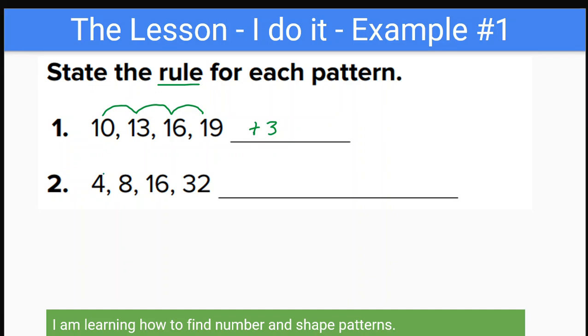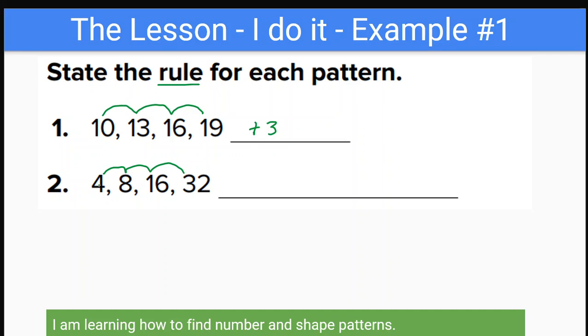How about this one? You start at 4 and you go to 8, then to 16, then to 32. Well, I thought it was going to be plus 4, right? 4 plus 4 is 8. But is 8 plus 4 16? Is 16 plus 4 32? No, so that doesn't work.